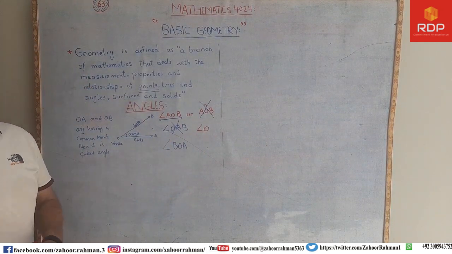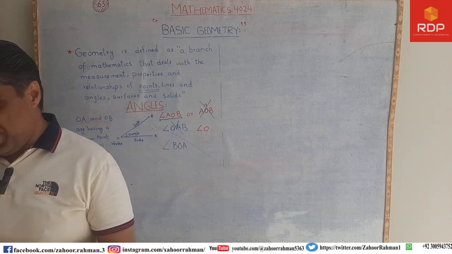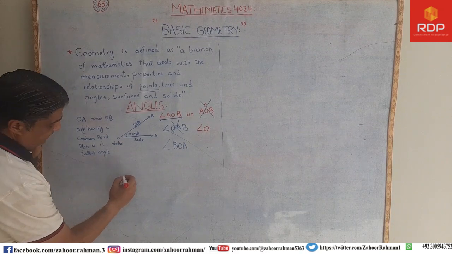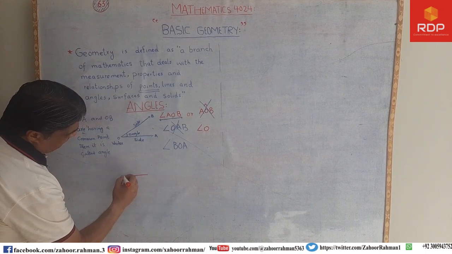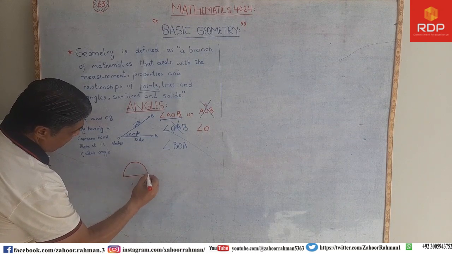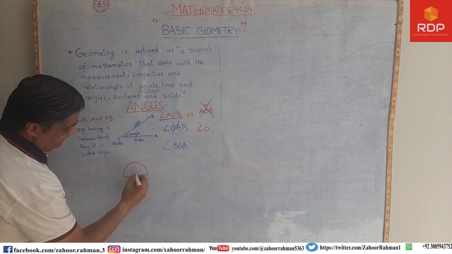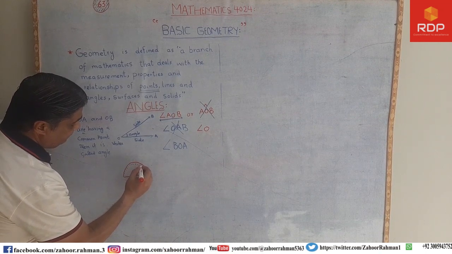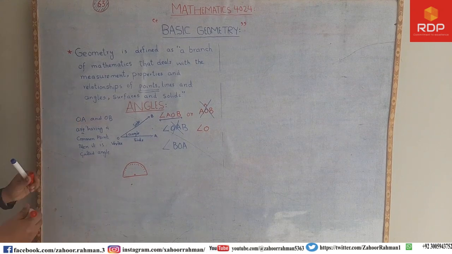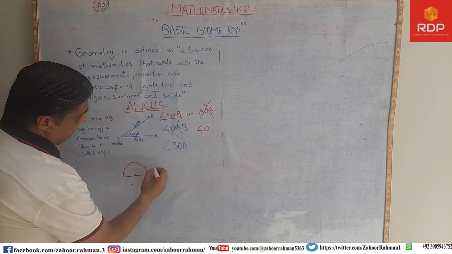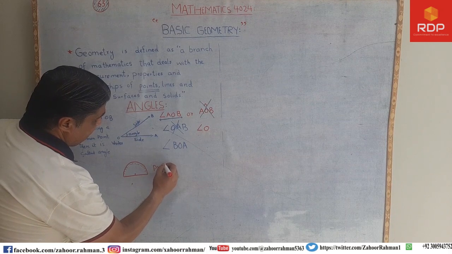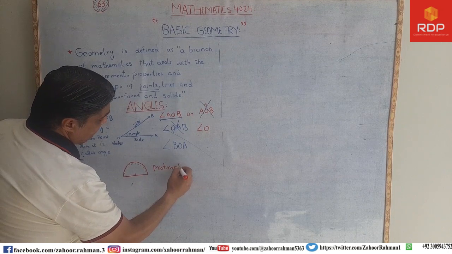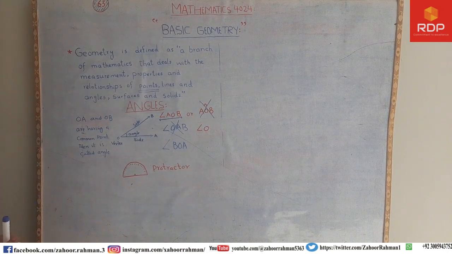So these are all the information about the angle, and angle can be measured with a device which is known as protractor. There is a point and there is graduation. The first question of the exercise deals with this protractor.